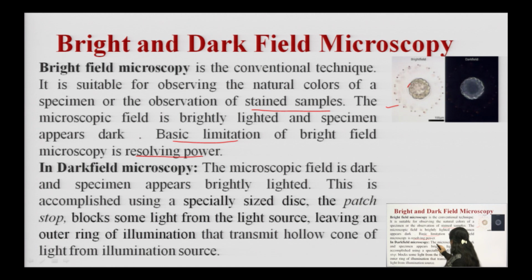In dark field microscopy, the microscopic field is dark. As you can see in this image, your whole glass slide, the background, will be dark, but the cells will remain as they are. You will be able to see even transparent specimens, which will appear brighter with the light, while the whole background becomes dark.